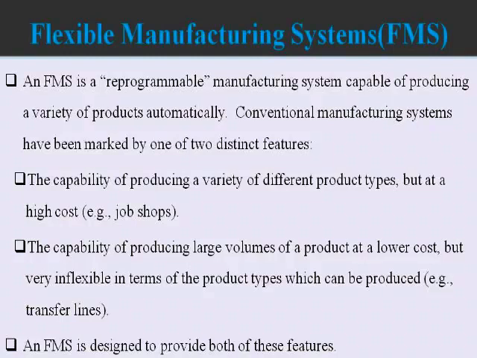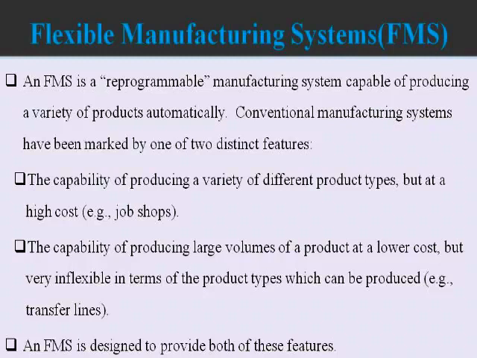Conventional manufacturing systems have been marked by one or two distinguished features: the capability of producing a variety of different product types but at a highest cost, or the capability of producing large volume of a product at lower cost but very inflexible in terms of product types which can be produced, like in transfer lines.